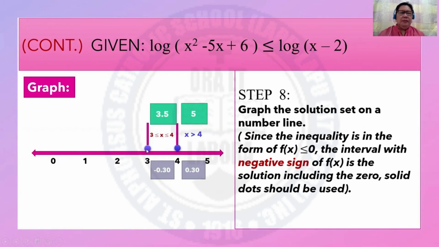So here, this is the interval with the negative value. So, highlight this portion and this is your solution set. So, x between 3 and 4, all the values here can be the values of the given logarithmic inequality, including 3 and 4.